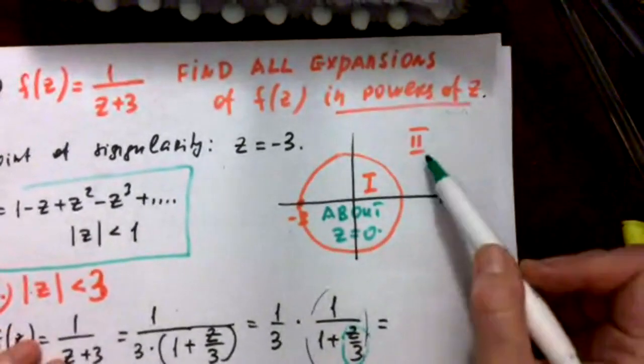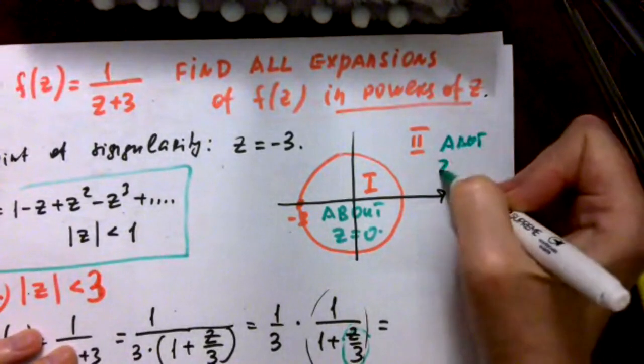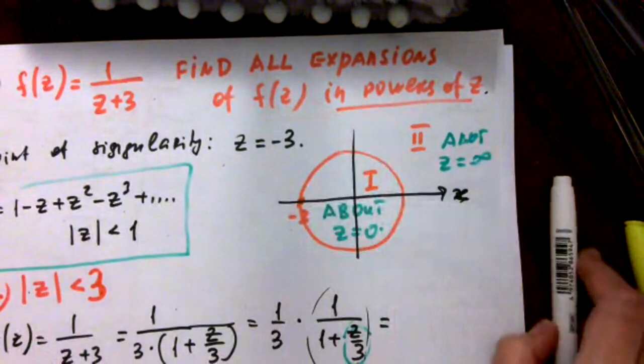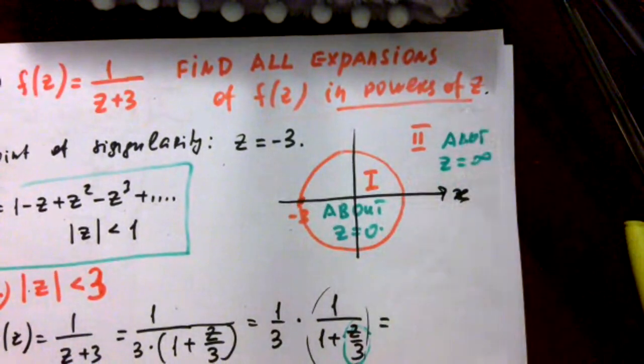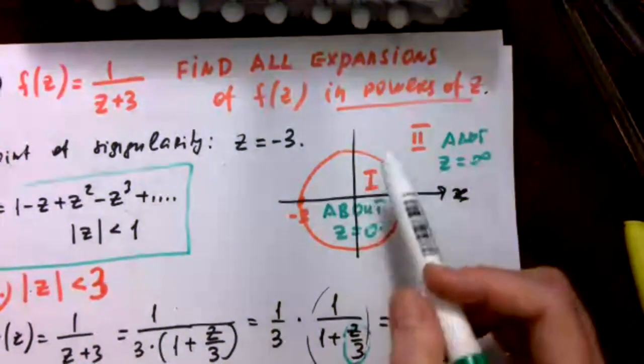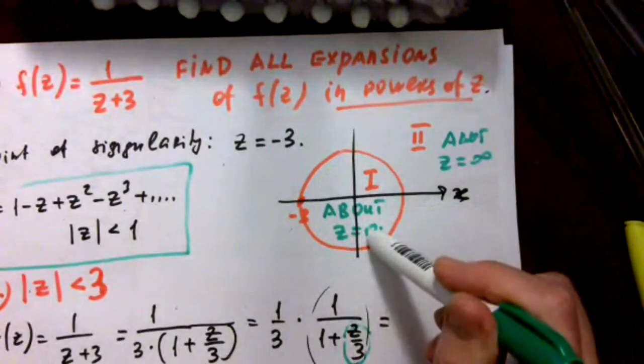By the way, out of curiosity, the other expansion can be called about z is equal to infinity. I've never seen this term in your tutorial sheet, but just for educational purposes, I think it's interesting to know that if you're inside the circle containing z is equal to 0, it means that this is an expansion about z is equal to 0.